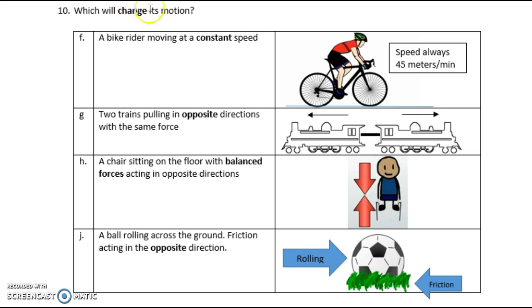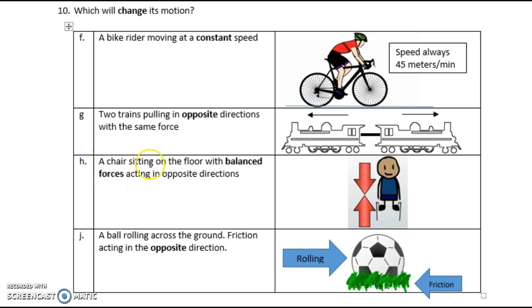Question 10. Which will change its motion? F. A bike rider moving at a constant speed. Speed always 45 meters per minute. G. Two trains pulling in opposite directions with the same force. To the left, to the right, equal force.